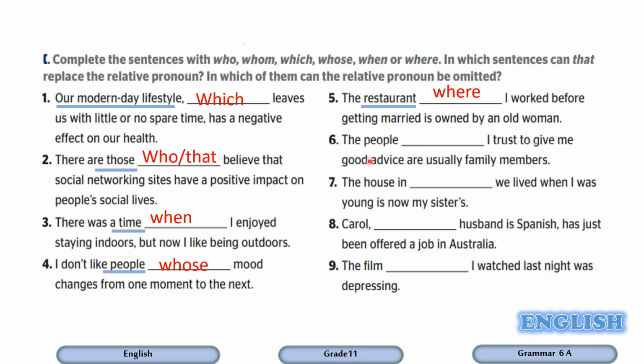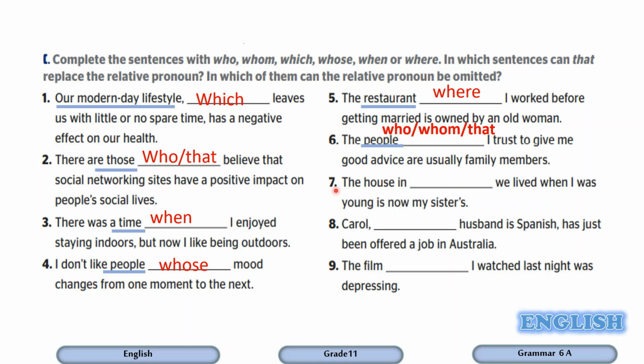Please notice here that the people is the object of the verb trust, not the subject. I is the subject, trust is the verb, the people is the object. So we can use who, whom, or that: the people who I trust to give me good advice are usually family members.